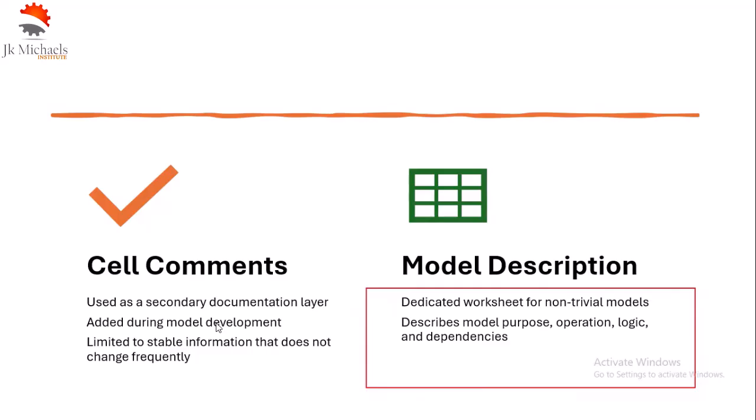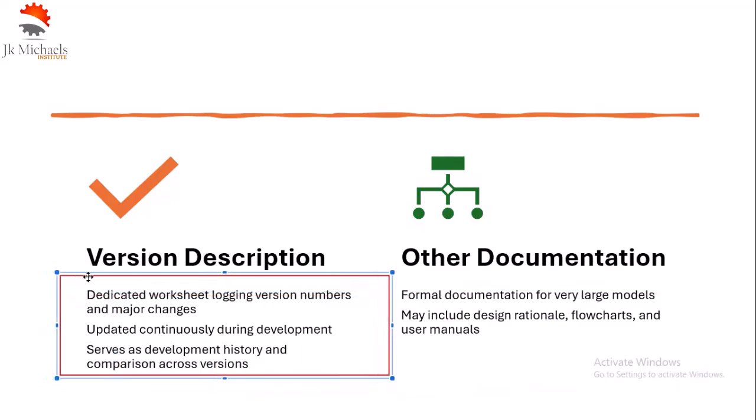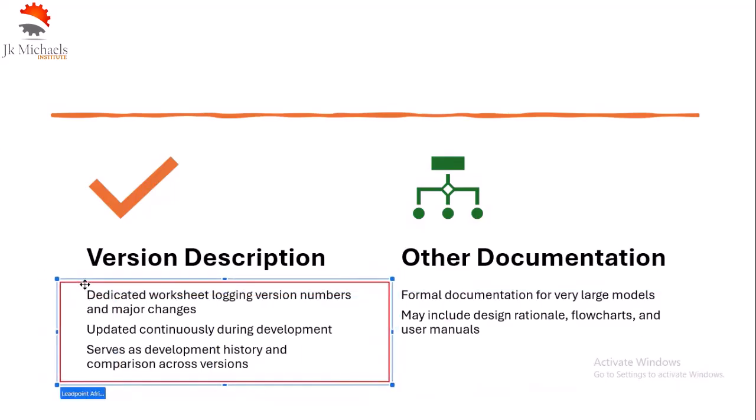Very important, and then we have version description. Now, it's very important to note that we could have many different versions, and you're going to see us create multiple versions from one particular model, right? And it's very important that you are able to separate one version from another.